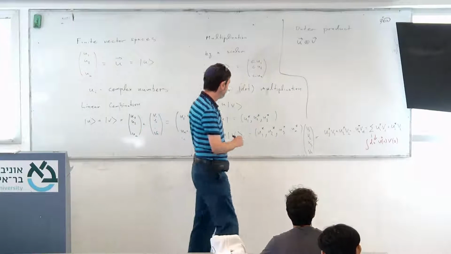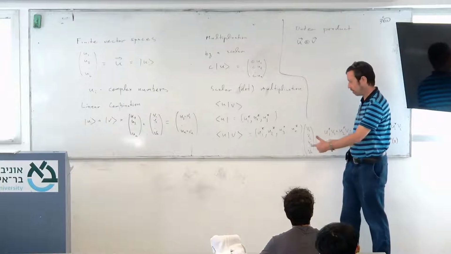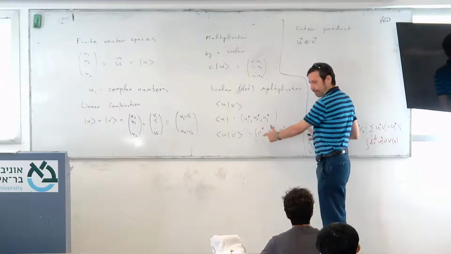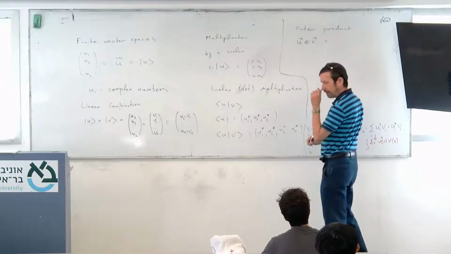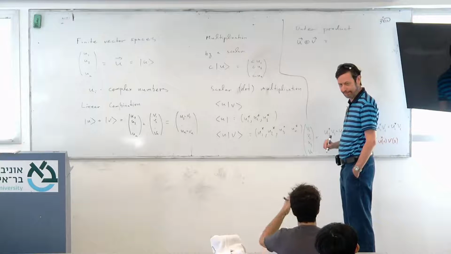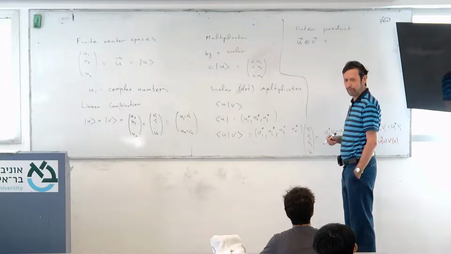How's that? Okay, this multiplication we know. We take the first one. This is the same idea, one times the whole, just in the opposite order.